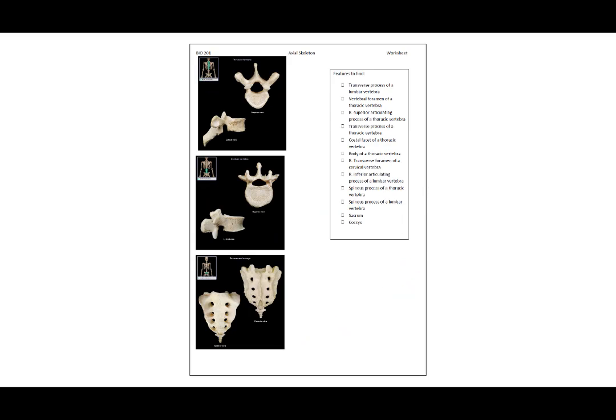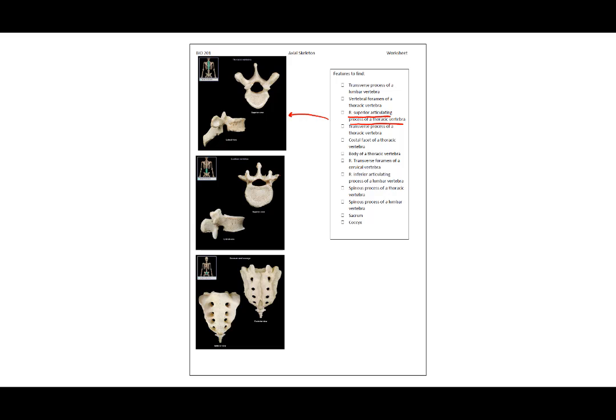The thoracic vertebrae is listed here with the lumbar next and the sacrum with coccyx. The transverse process of a lumbar vertebrae, these portions. Vertebral foramen of a thoracic vertebrae. The right superior articulating process of a thoracic vertebrae.